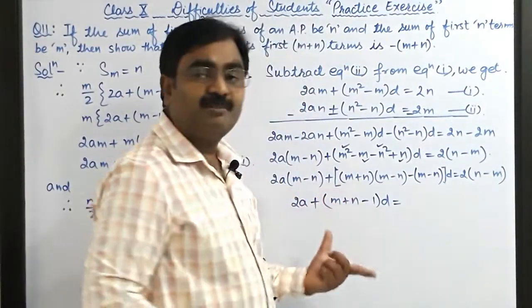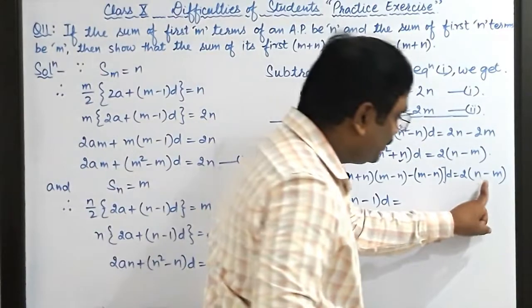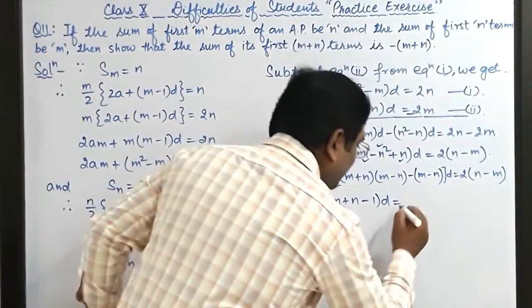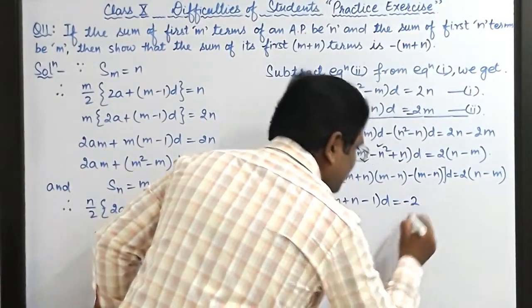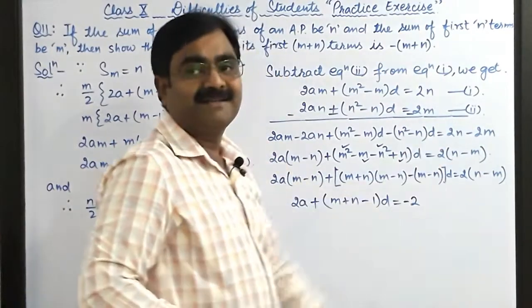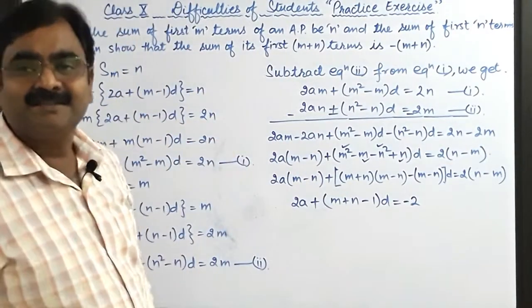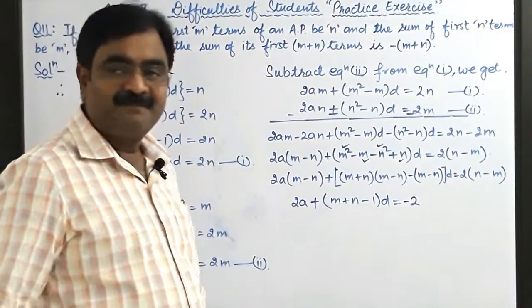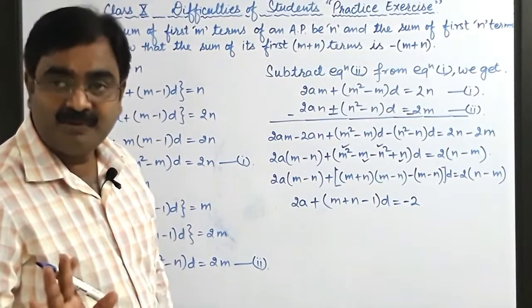Here you have taken the common m minus n, so when you take the minus common from here it can be written as minus 2, so this becomes m minus n, or वो m minus n it is cancelled from both the side. राइट कोई प्रॉब्लम?